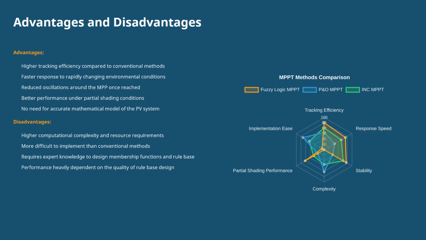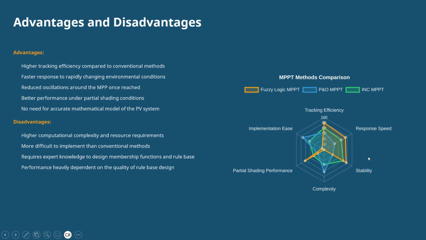In the conventional MPPT methods, we require an accurate mathematical model of the PV system. In the diagram, as you see, the tracking efficiency, response speed, stability, complexity, partial shading performance, and implementation ease are verified through the hexagonal graph.